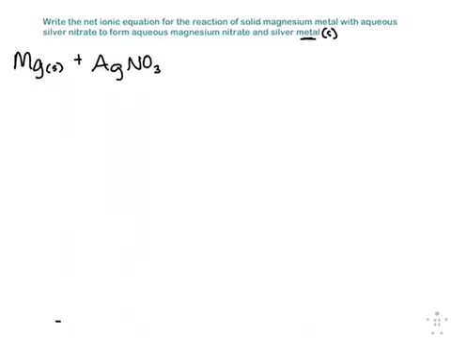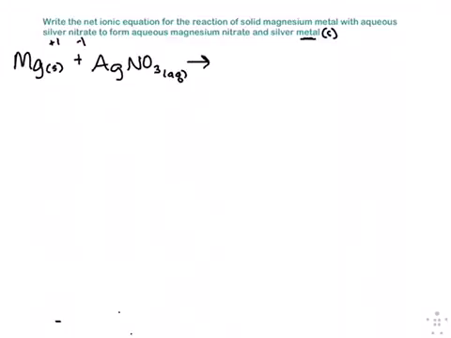Yes, your polyatomic sheets will become your best friends again. However, you should start weaning yourself off of them if you can, because you're not going to get to use that on the CLEP test. Okay? So silver is +1, nitrate's -1. Okay, and that's aqueous.